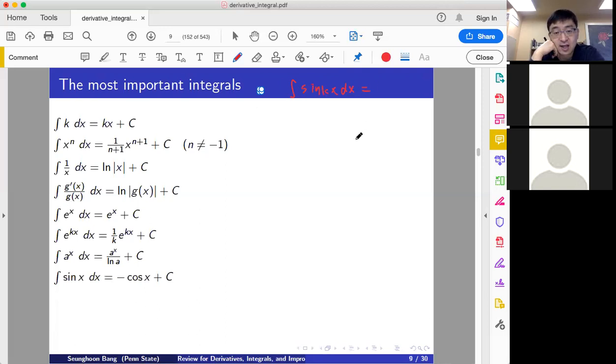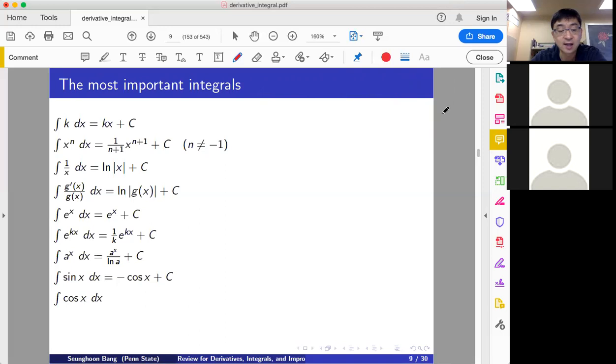What's the integral of sine kx dx? You can use u substitution. Let kx equal u. You have to use u substitution, and exactly, it is minus 1 over k cosine kx plus c, like this.